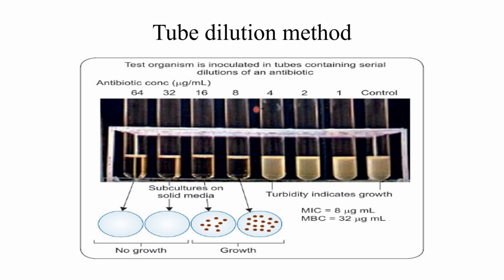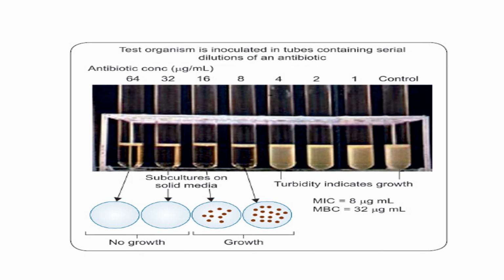After that, we will incubate these tubes overnight, or 16 to 18 hours, at 37 degrees Celsius, and then we will read the result. After the incubation, you can see the first four tubes don't show any visible turbidity. From here onwards, we can see turbidity in the culture broth.